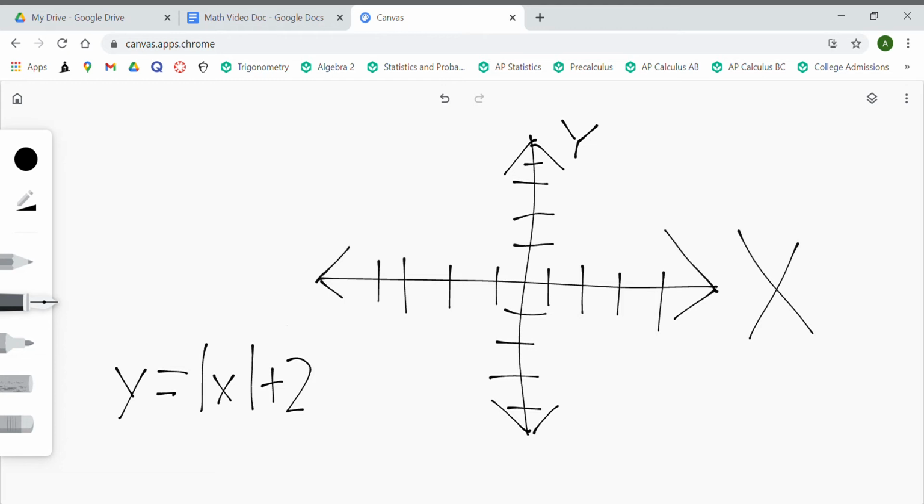There's not much change from the parent function that I just gave you, except for the plus 2. Since it's outside the absolute value grouping symbols, we just simply need to shift the vertex up 2. And then it will look something like this. Pretty basic.